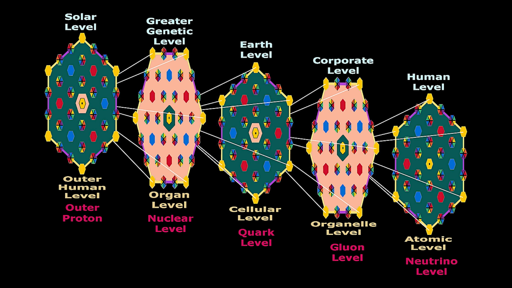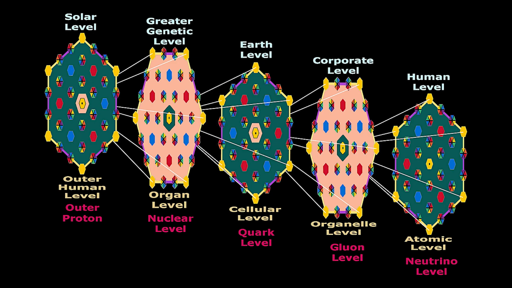As we humans come online, we're not building our greater living self for the organ or organelle levels. We're building them for the human, earth, and solar levels. So positive is an energy dynamic. It doesn't necessarily mean good, and it doesn't mean bad either, but you get what I'm saying.